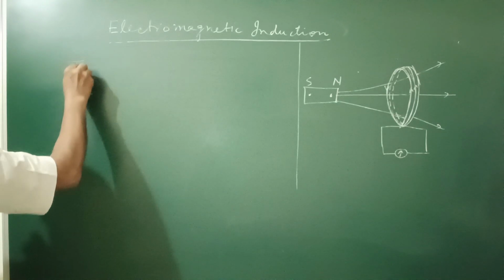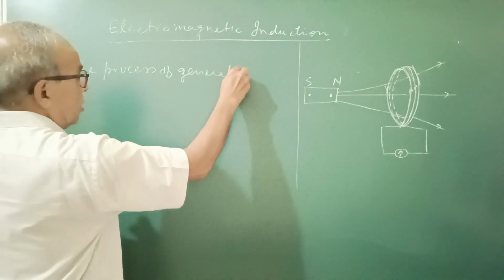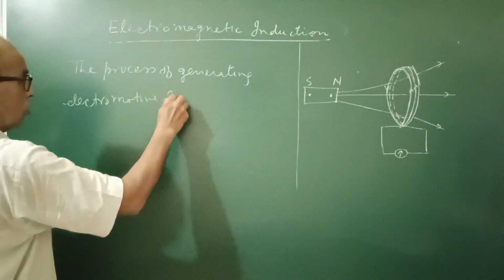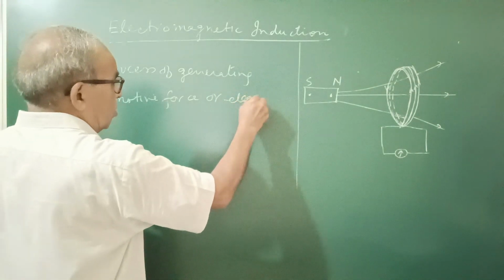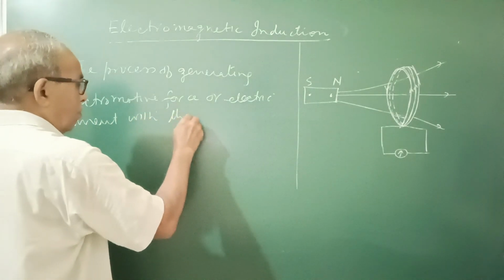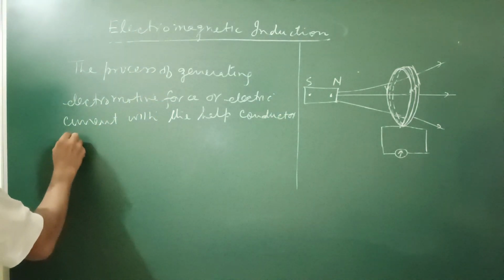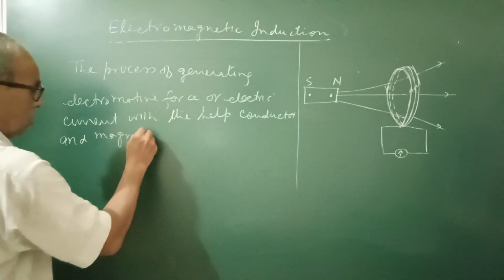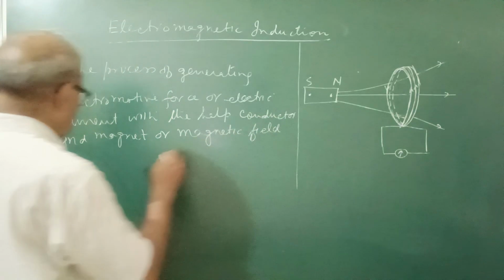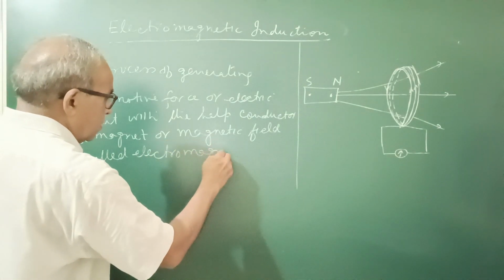So the process of generating electromotive force or electric current with the help of a conductor and a magnet or magnetic field is called electromagnetic induction.